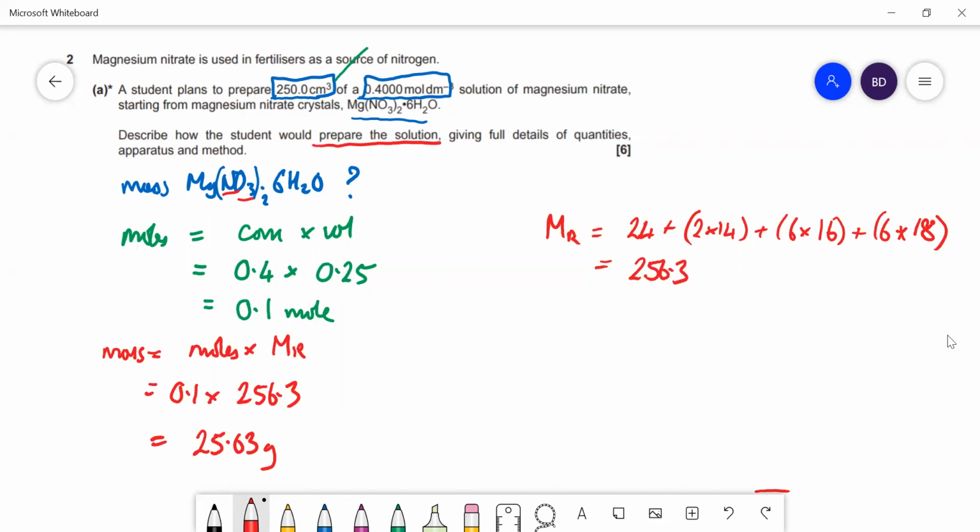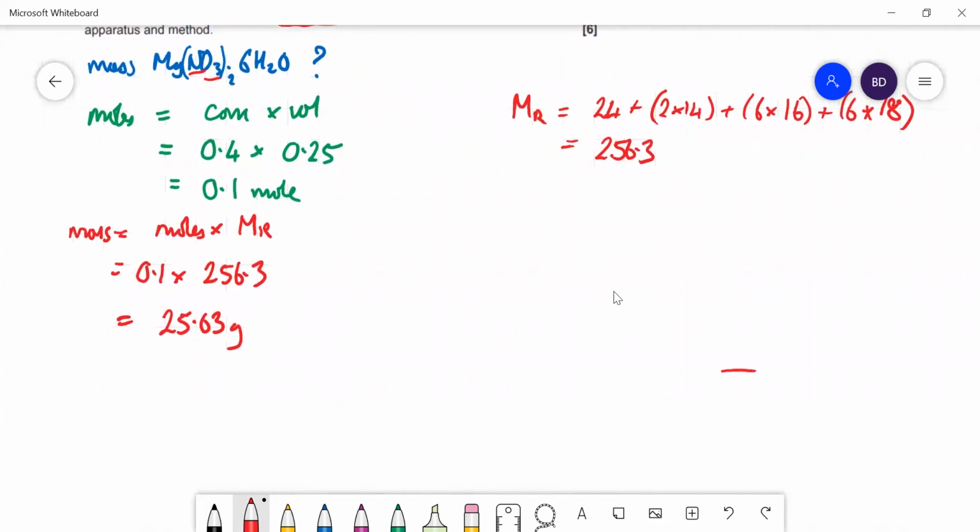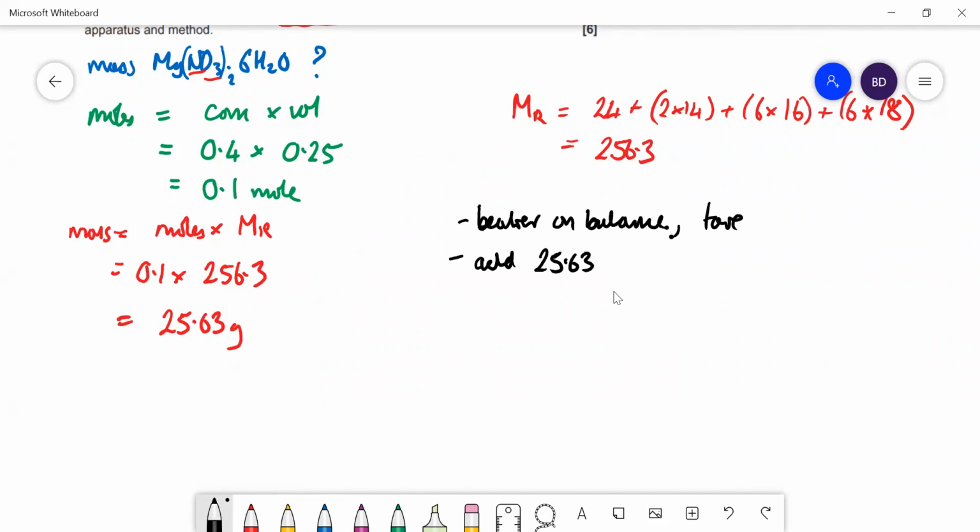What we would do is weigh, probably the easiest thing is to place a beaker on the balance, tare the balance to get 0, and then add directly to the beaker, not a weighing boat because you're going to leave some in the weighing boat, that many 25.63 grams of magnesium nitrate.